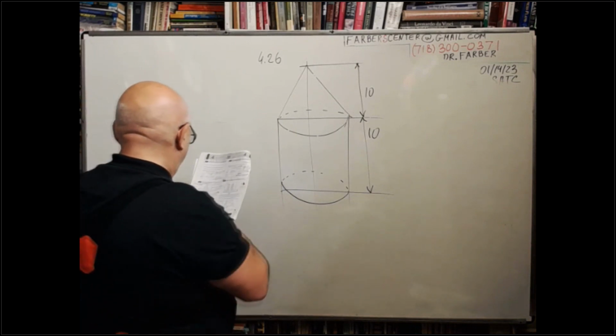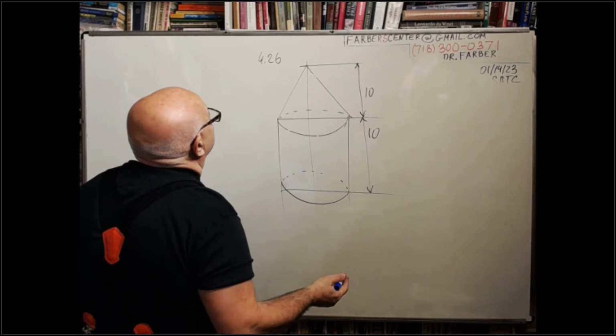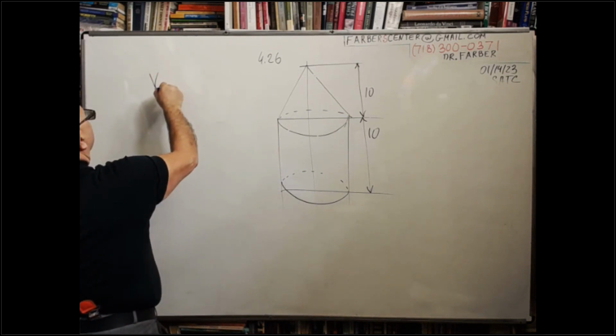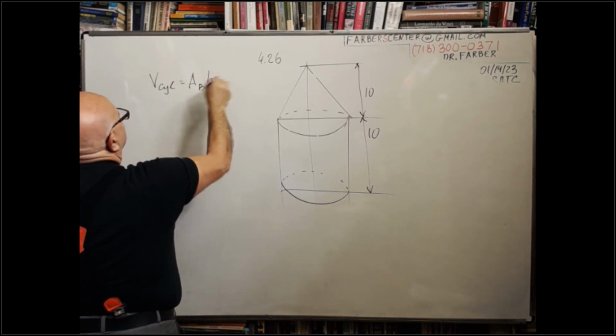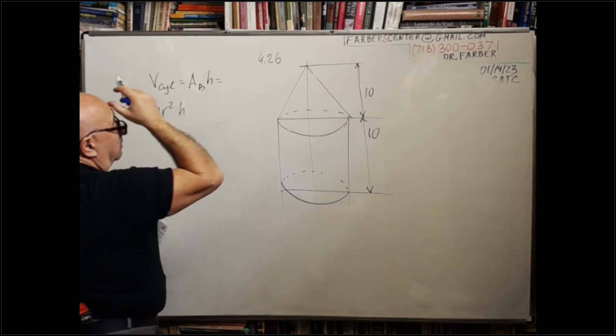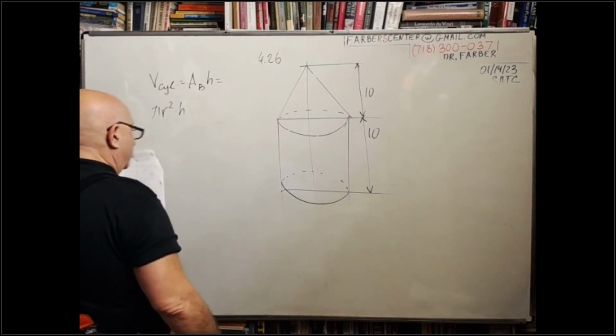So, how to find volume of cylinder? Volume of cylinder equals area of base times height, or pi r squared times height. Height equals 10. Radius they don't specify.